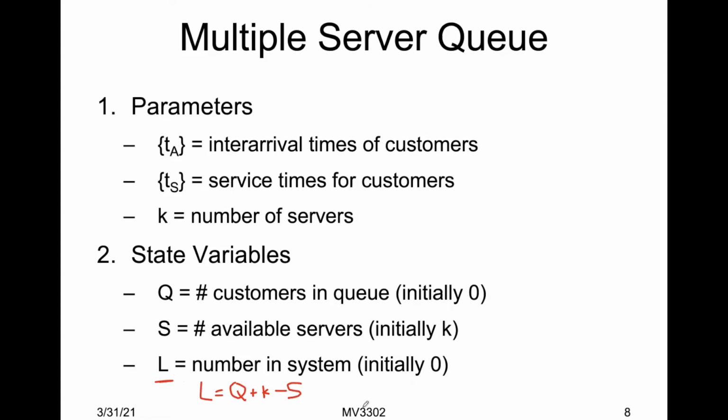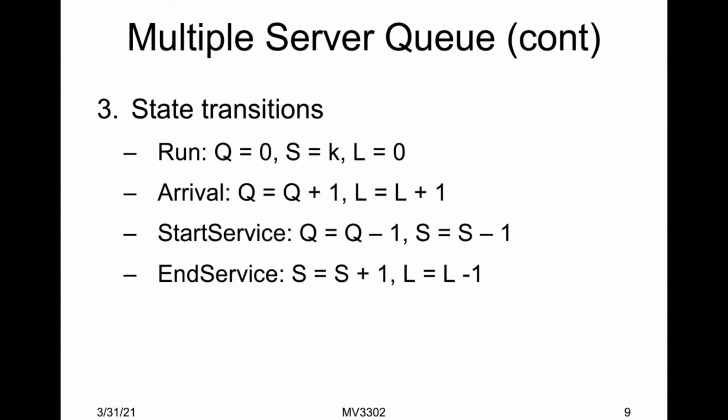If you tell me Q and S, the number in the queue and the number of available servers, and I know how many total servers there are, K, then I always know what L is. But nevertheless, just to illustrate that we can sometimes have an over-described model, I'm going to include L just to be ornery. So it isn't strictly speaking necessary, but we're going to do it anyway.